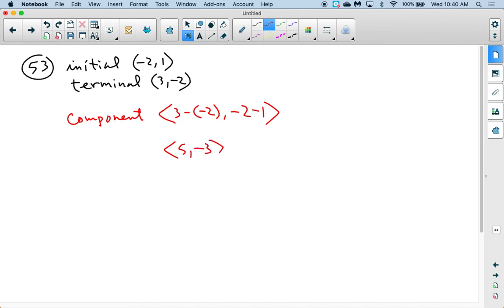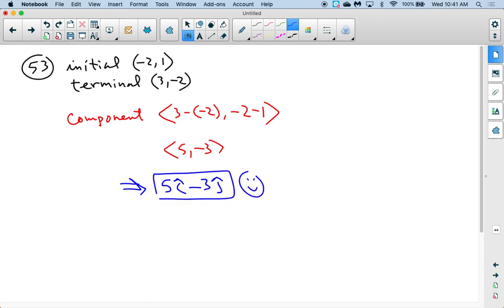Then what he wants is this vector as a combination of standard unit vectors. So the answer he's looking for, here I'll use the blue on this part, my color obsession here, is 5i minus 3j. All right, that's what he's looking for there. Then finally, one more. Let's look at 61.